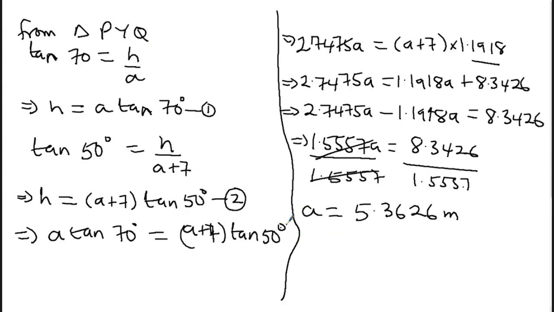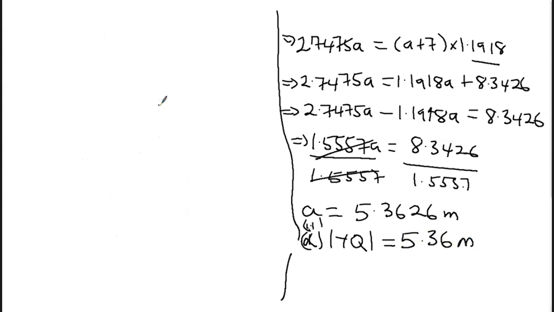We said that a is equal to YQ. So the length YQ, to two decimal places: after the decimal point, 3, 6. The next number is 2, which is less than 5, so we ignore the rest. So our answer will be 5.36 meters.